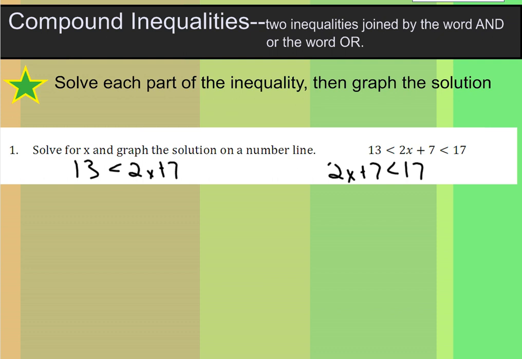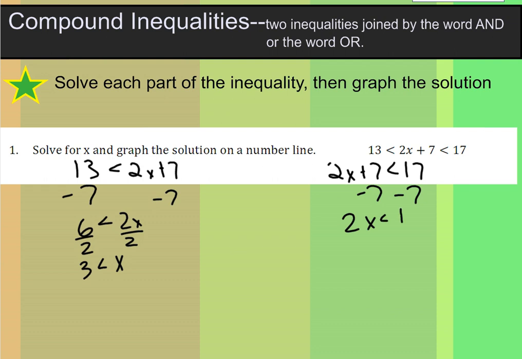So I could subtract 7, subtract 7. A little quick work: 3 is less than x. Over here, subtract 7, subtract 7. 2x is less than 10. x is less than 5.